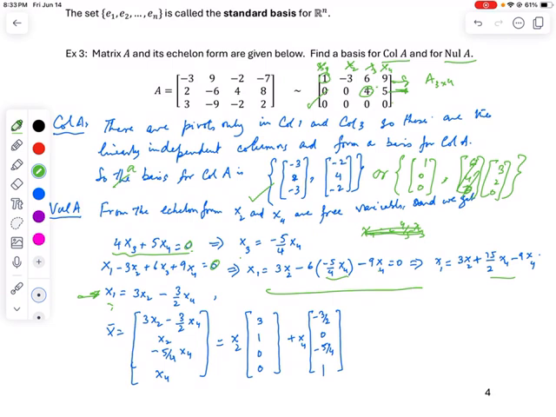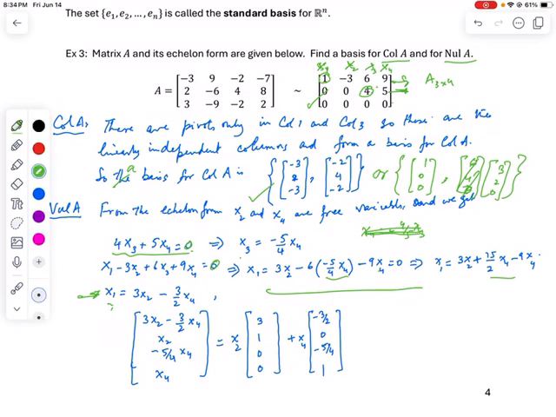Now we write our final answers, what the solutions are going to look like. So this will be x equals, and maybe if you want, you can write one more step here.